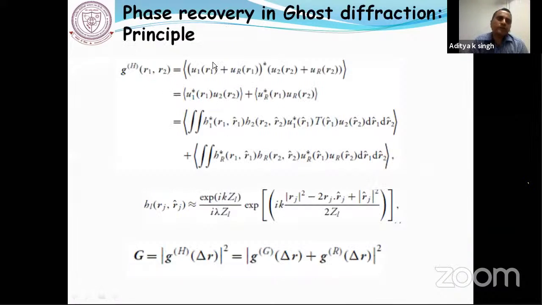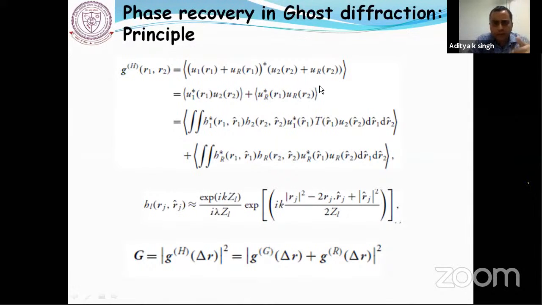We can represent these complex fields as U1 and U2, and UR is your reference. The propagation of light from the object to the camera plane is represented by a propagation kernel HL, where L denotes the reference and object.